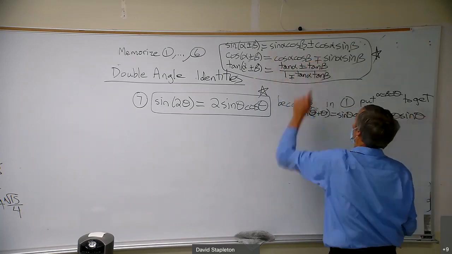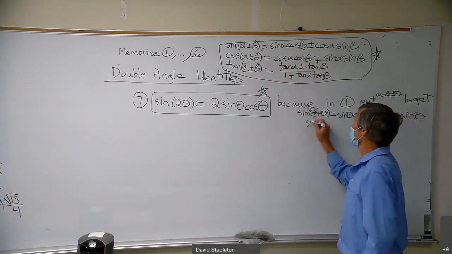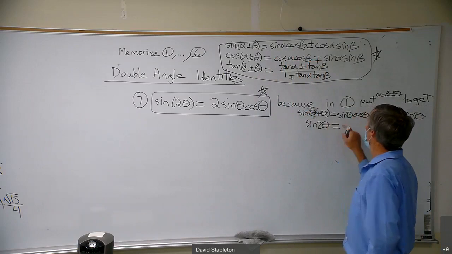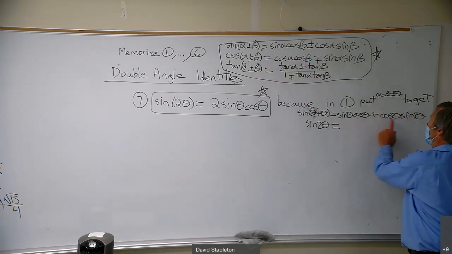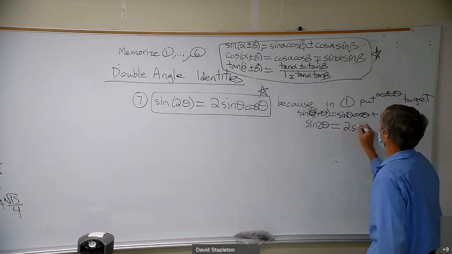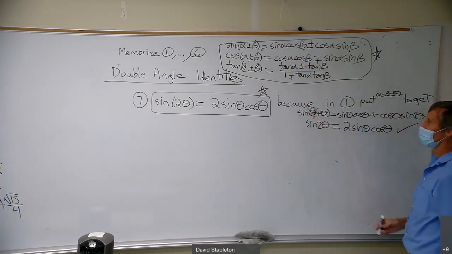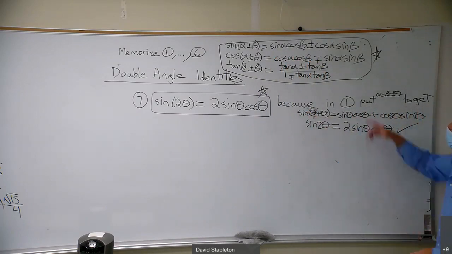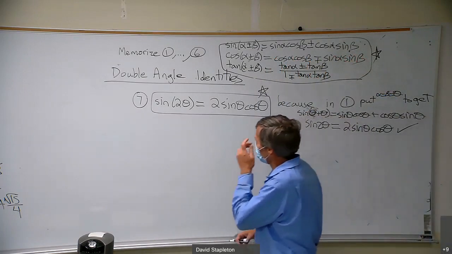So in the sum formula, you put alpha and beta both equal to theta. Now the left side is sine of 2 theta. Now this is sine, cosine, and cosine, sine. You can multiply in either order, so it's 2 of these, twice sine, cosine. There it is, right? There's no more than that. You put alpha equals beta equals theta in the sine equation, you get that double angle formula, sine of a double angle.